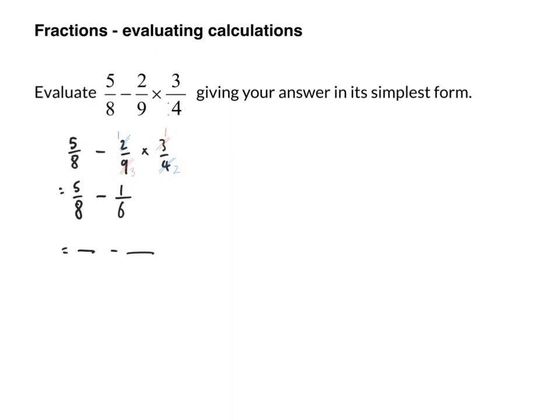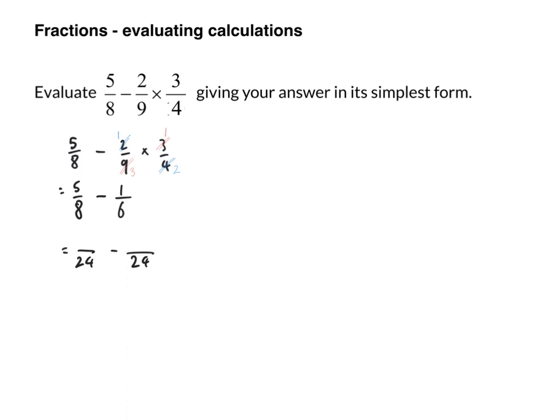However, you should be trying to be a bit more smart with this. 24 is in the 8 times table, and 24 is in the 6 times table. Aim for the lowest common denominator, the smallest number that's in the 8 and 6 times table, and that will save you having to do any unnecessary simplifying.